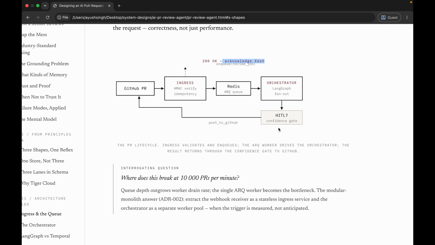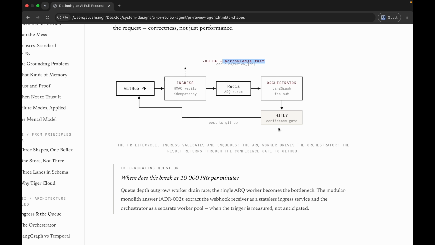Now, the queue depth basically outgrows the worker drain rate. A single ARQ worker, the worker which does the job, will become the bottleneck. So with the modular monolith answer, we extract the webhook receiver as a stateless ingress service and the orchestrator as a separate worker pool.